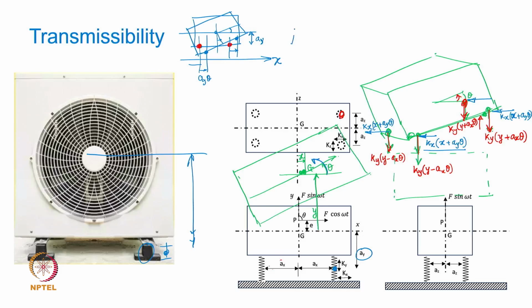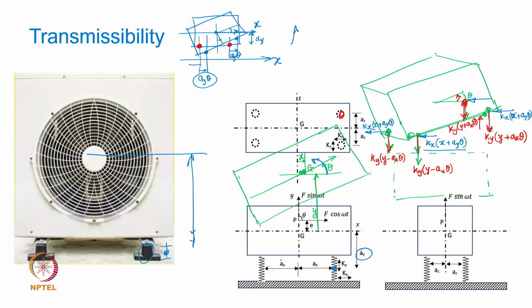We are not talking about vertical motion here, only horizontal motion. Now that ay into theta and this ay into theta will add to the net translatory motion x. And this is how it is going to look like.